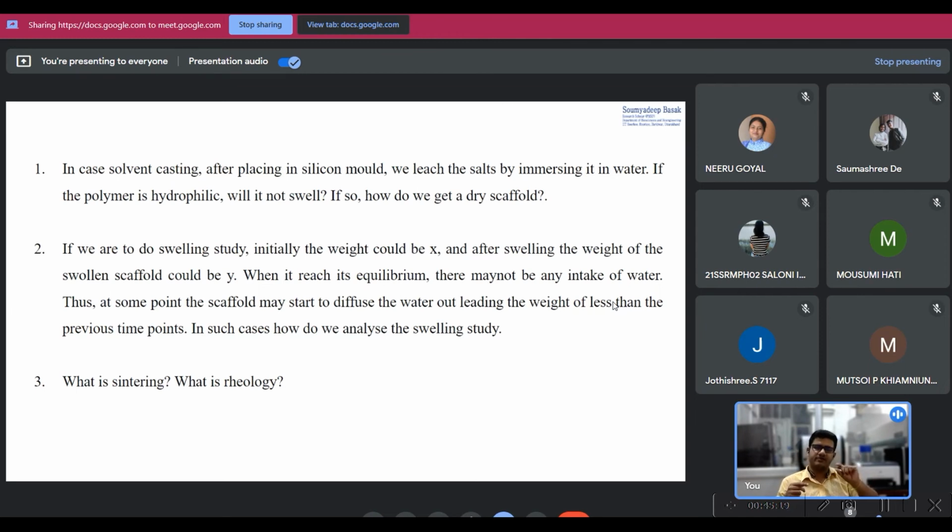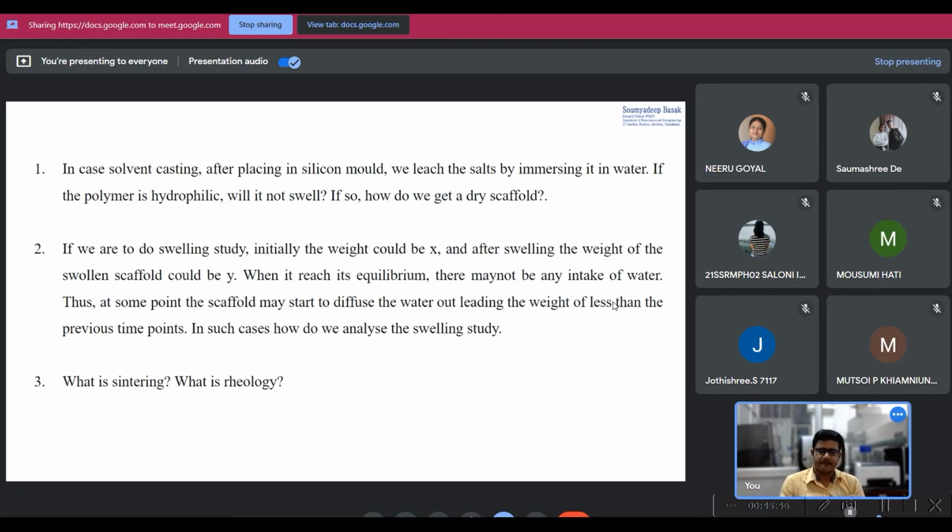Then when we take the slab out and put it in water or buffer, the salt will leach out, and even if it is hydrophilic, that is not a problem because we have stable cross-linking of the polymer chain. So it will not wash away. All right. To get the dry one, when we have the salt leached out, we'll just lyophilize it. That is a freeze drying method to get the dry scaffold. Right? Clear?